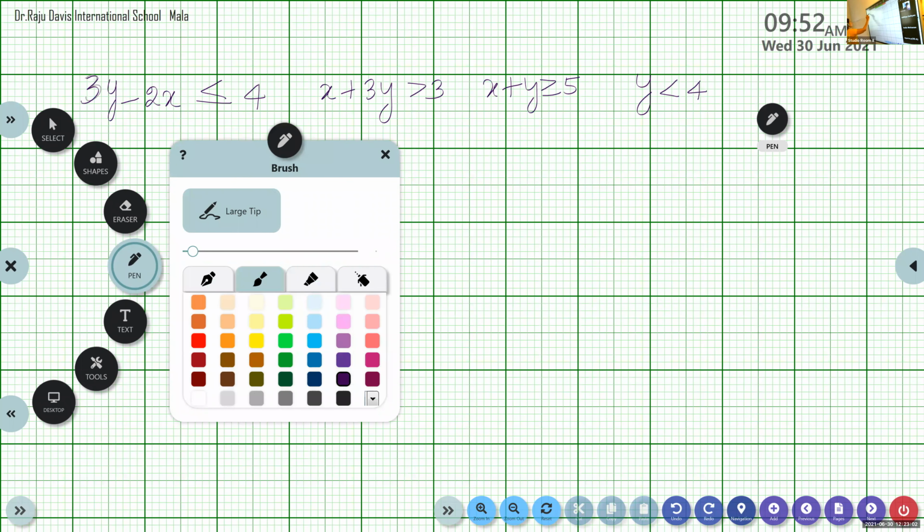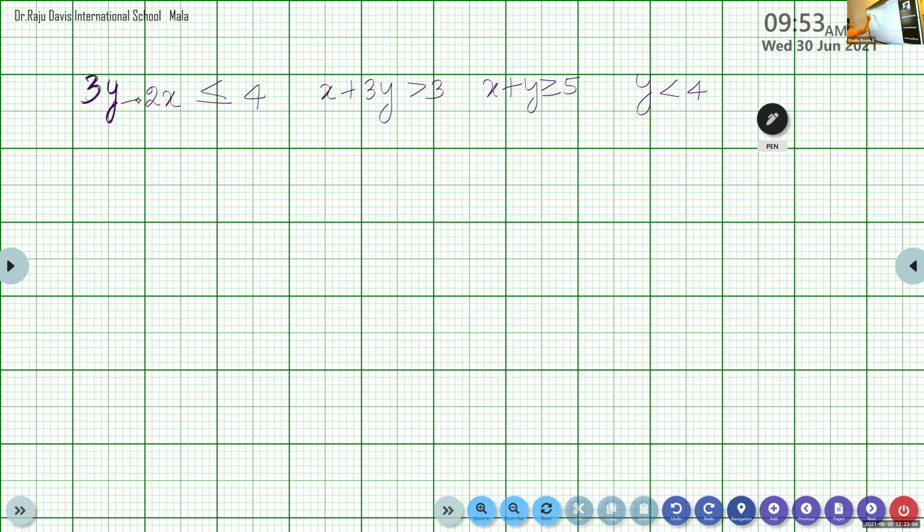Okay, it is 3y minus 2x less than or equal to 4. x plus 3y greater than 3. x plus y greater than or equal to 5. y less than 4. So, total four inequalities are given. So, start doing.